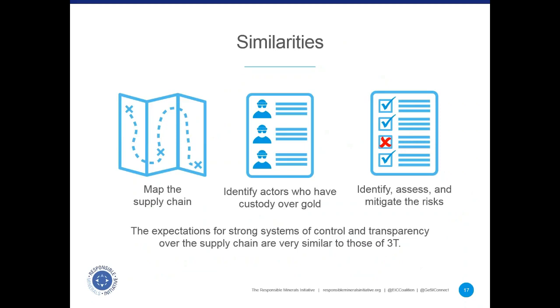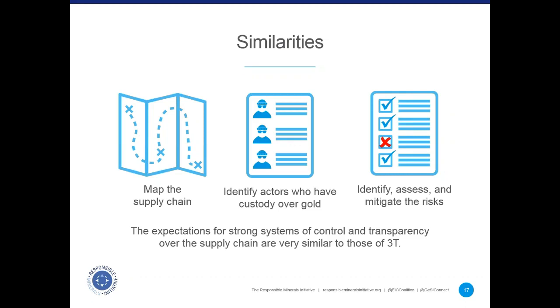The expectations for strong systems of control and transparency over the supply chain are very similar to those of 3T. Refiners will map the supply chain to understand where the gold comes from and the route it takes to arrive at the refiner. Similarly, the refiner will identify the actors who physically or otherwise have custody over the gold from the moment it is mined until it reaches the refiner for high-risk sources.